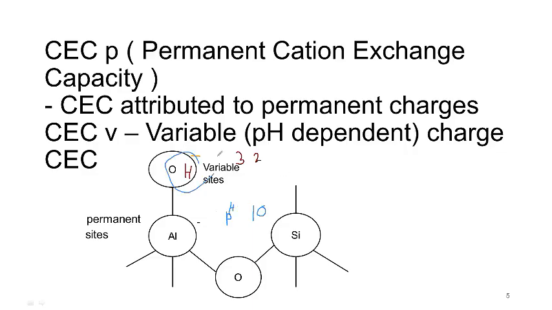The H atom here will be removed and make this oxygen atom a negative site. Then this site acts as the variable site, which depends on the pH value of the medium or the pH value of the soil.